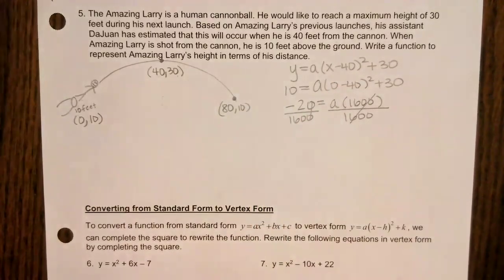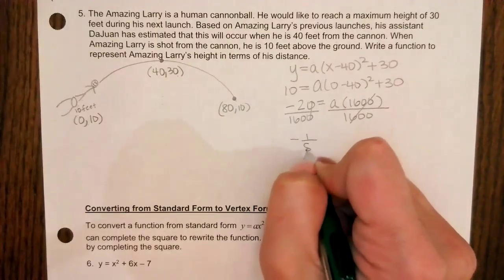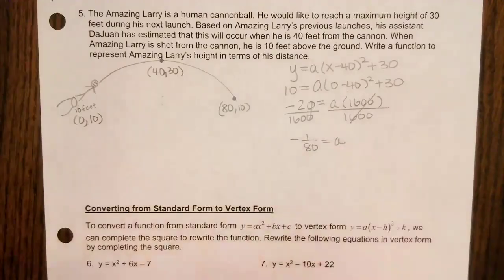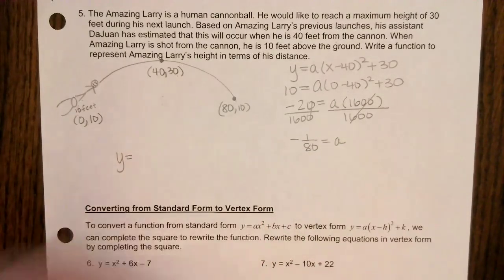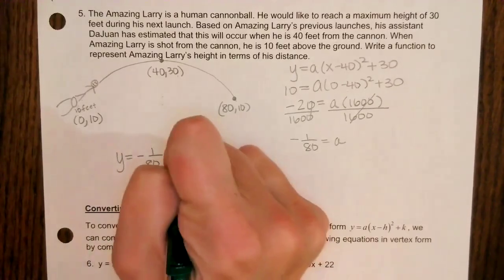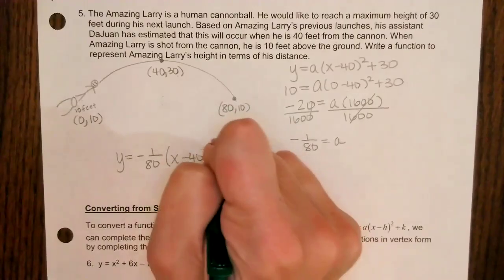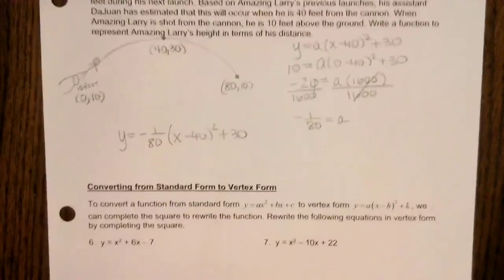And we can reduce that negative 20 over 1600 to be negative 1 over 80. So there is my a value, and my equation would be y equals negative 1 over 80 times x minus 40 squared plus 30. We wrote the equation for Amazing Larry's human cannonball shot.